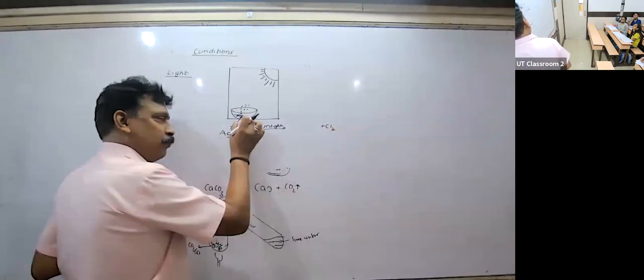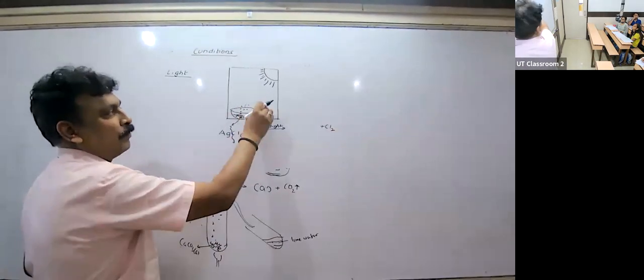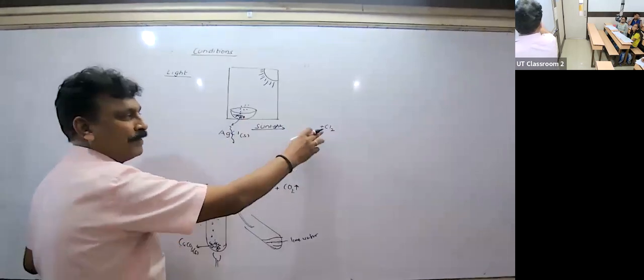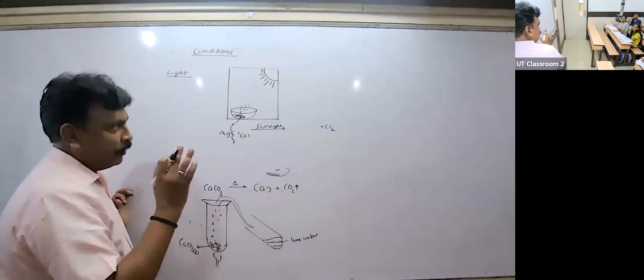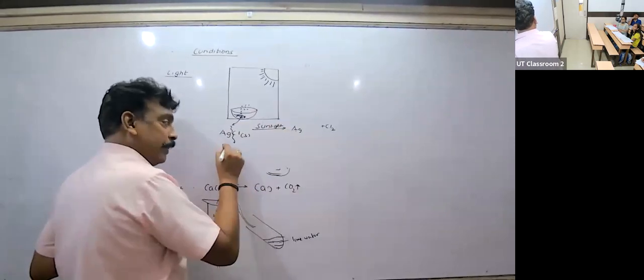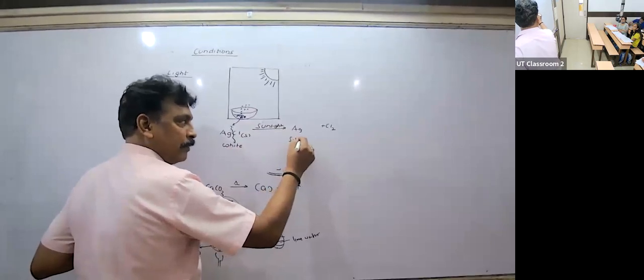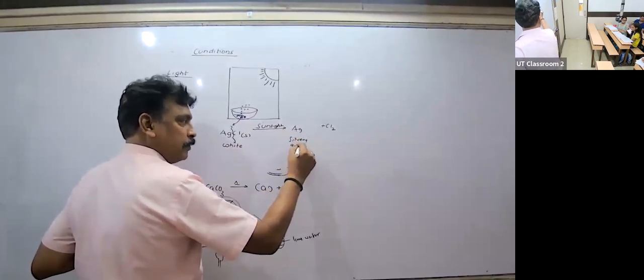Of course, chlorine is having a greenish yellow color, but because the amount of air is so high, that becomes so diluted that you may not be seeing the greenish yellow color. But you'll find one thing different, that this white color compound will be left out with what? A silvery gray color of silver.